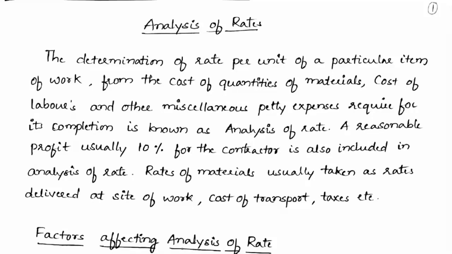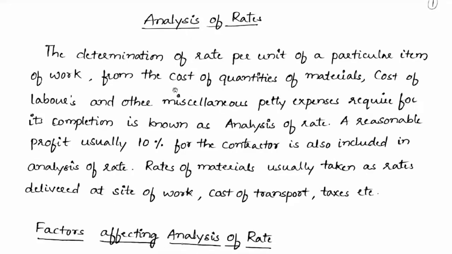Similarly, in construction there are many different items of work which have to be done. For that particular item, we calculate the unit rate. So the determination of the rate per unit of a particular item of work from the cost of quantities of material, that is the material rates, as well as the cost of labor, that is the labor rates, and other miscellaneous petty items.